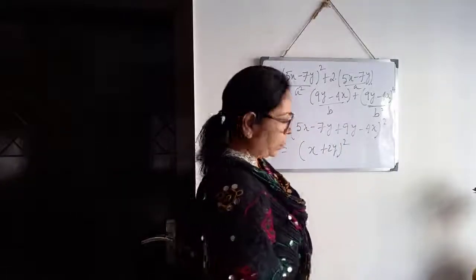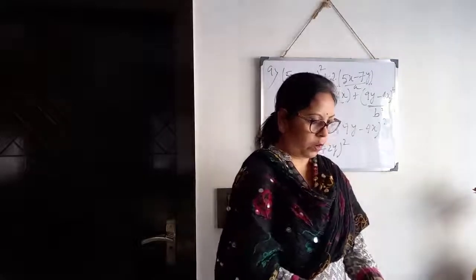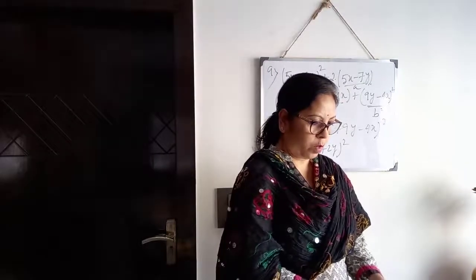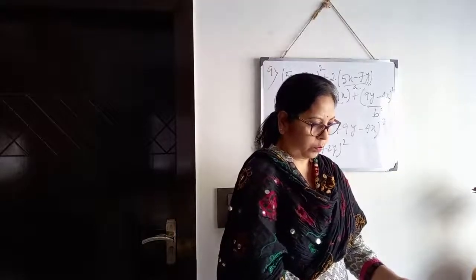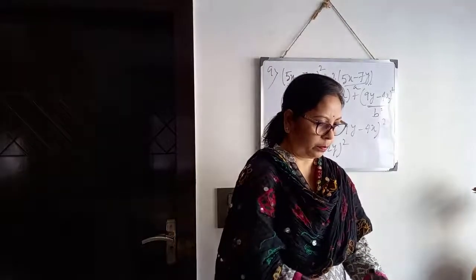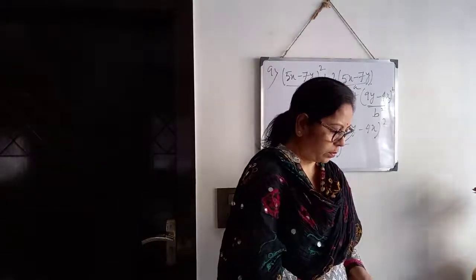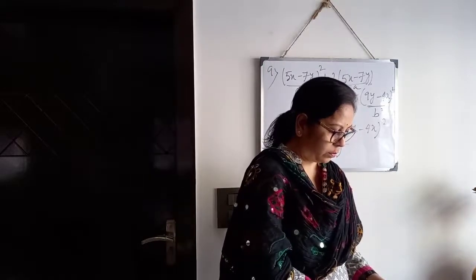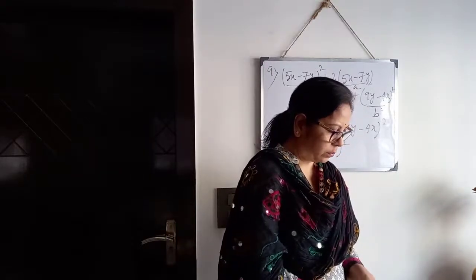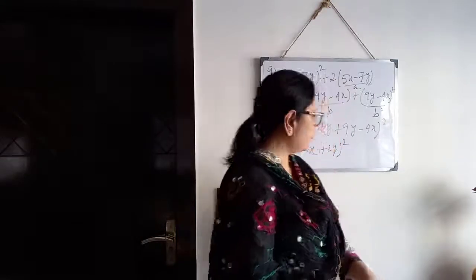Again you see, once more, it is given in this form, or they have opened the bracket again, A plus B whole square. Let's see. They have opened the bracket.